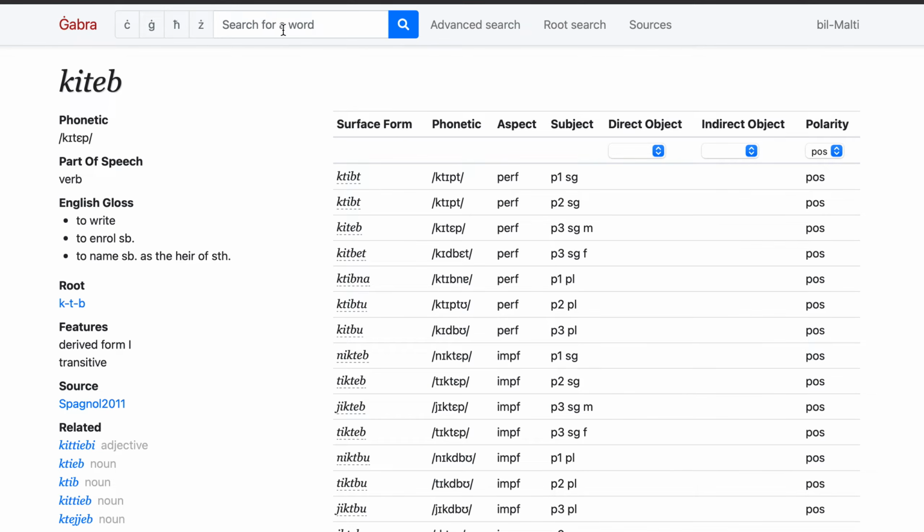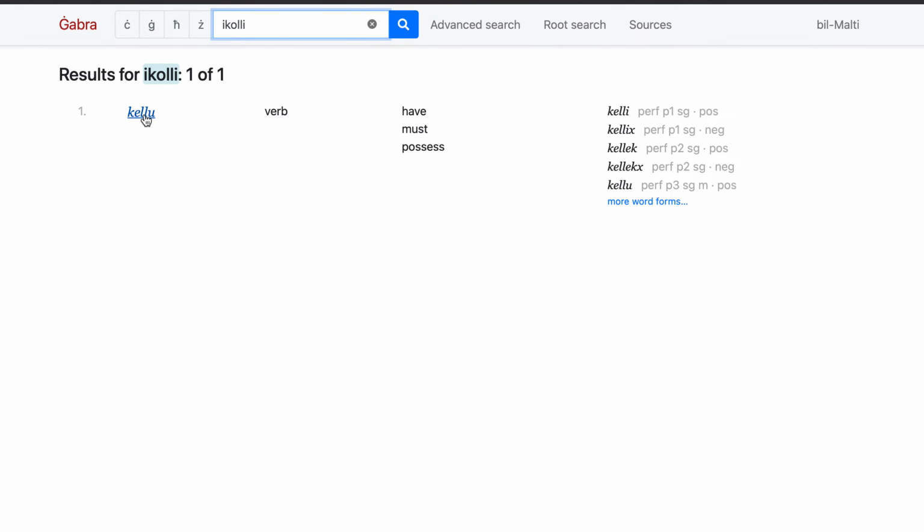It also finds variations of verbs that are a little more difficult. For example, ikolli, I have to. There are two ways to write it. So either with an I or with a J or G. So ikolli, you will find kellu. So I have to, kellu.